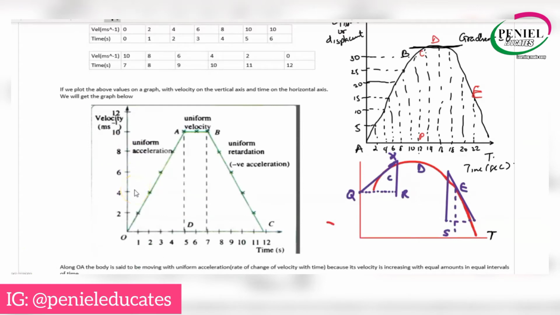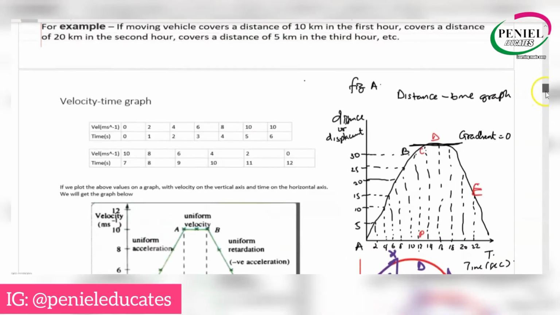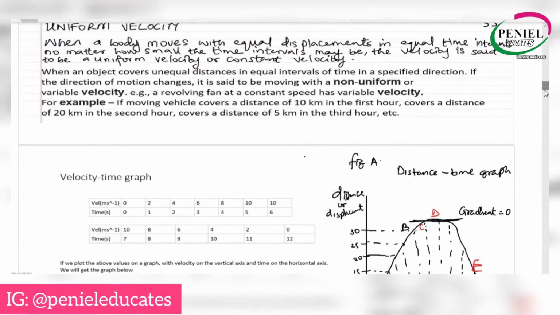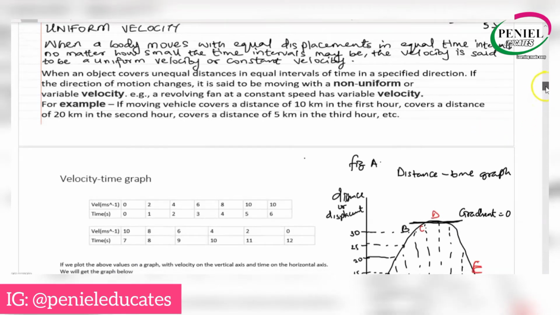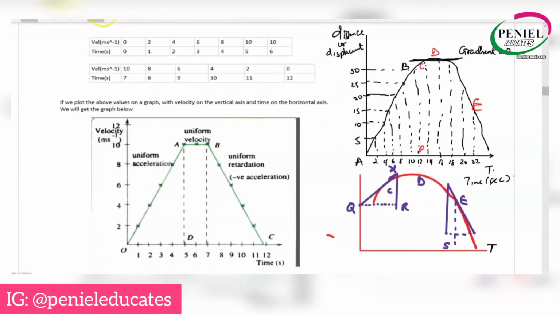this graph provides some useful information for us about the motion of the object, and the speed or the velocity is uniform. The speed is uniform since the body covers equal distance in equal time intervals. So the speed is uniform. Okay, so we have speed to be distance, which is the displacement.